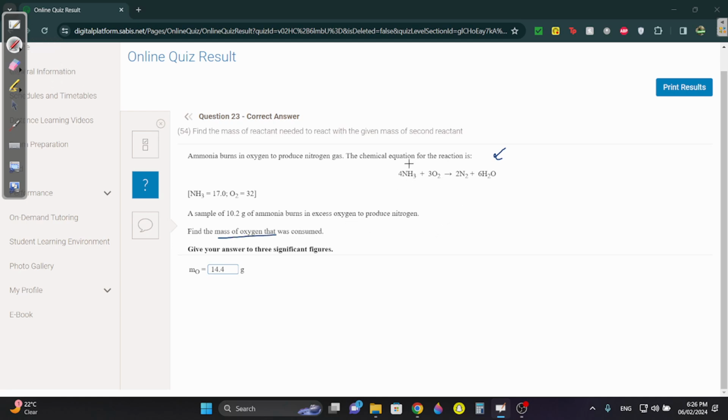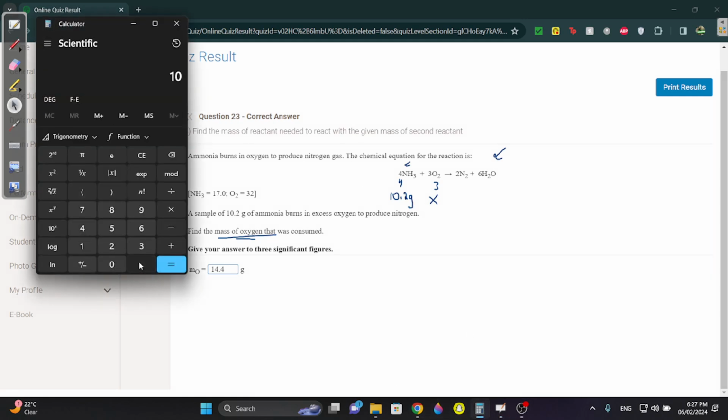Okay, ammonia is NH3, you got 4 moles, and you have 10.2 grams. We want the oxygen, which is 3 moles, but we want to know the mass. So you cross multiply, 10.2 times 3, and then divide by 4.